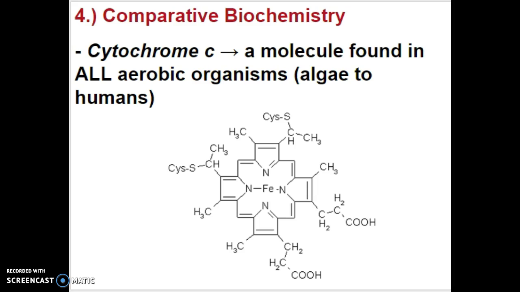There is a molecule found in every single aerobic organism, from algae all the way up to ourselves, and that molecule is called cytochrome C. It makes logical sense that, instead of reinventing the wheel and reinventing all of these molecules, the same one would be made for aerobic organisms. So the instructions in the DNA would be the same.